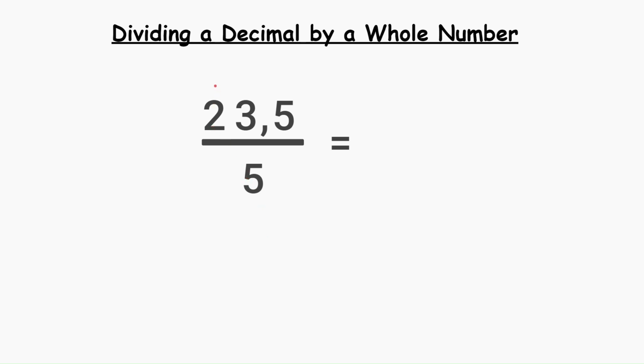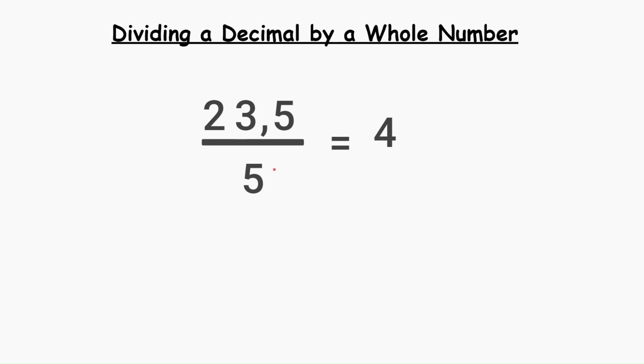So if the number is too small to divide, you can include the number next to it to make it large enough. So since 2 is too small to divide by 5, we're going to divide 23 by 5. 23 divided by 5 is 4. Now, you may wonder, well, how do I know how many times 5 can go into 23?